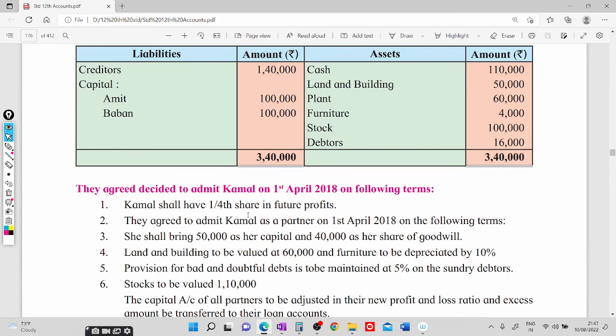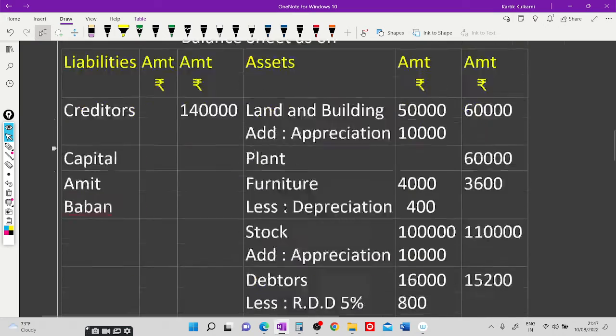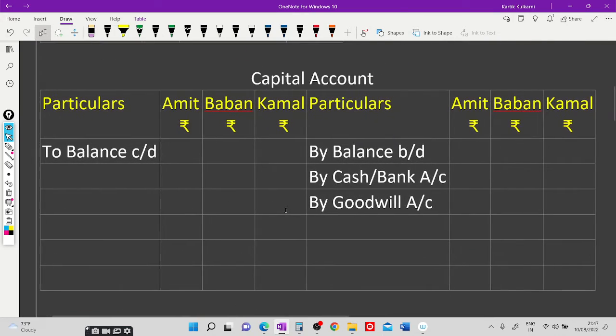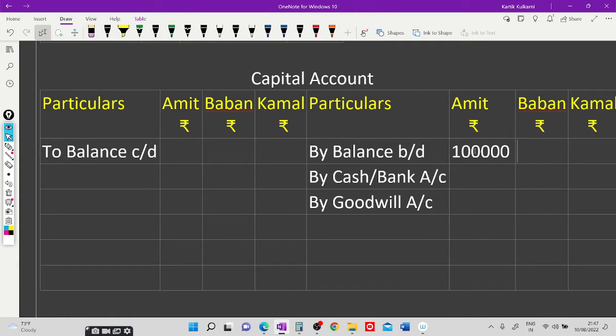The balances of old partners Amit and Baban are 1 lakh respectively. So 1 lakh we will write on the credit side of the capital account, in Amit's column 1 lakh because this is the balance, and Baban 1 lakh.